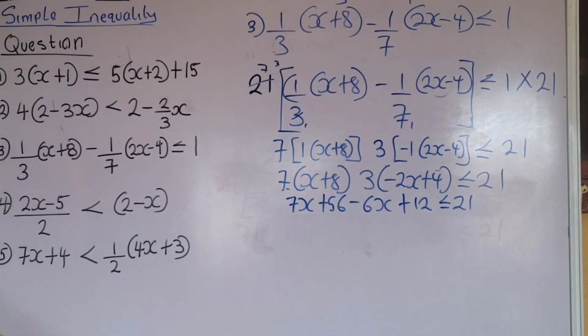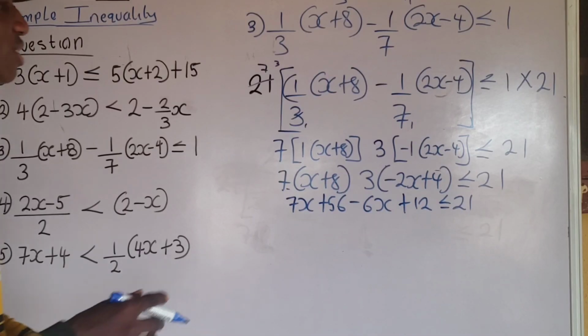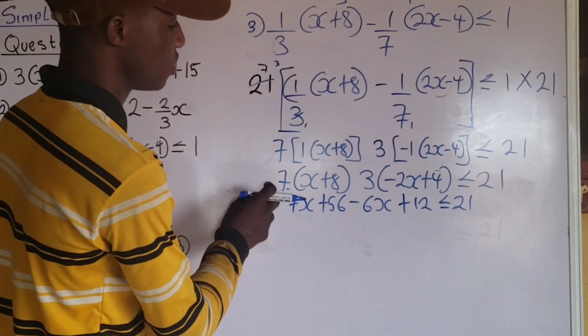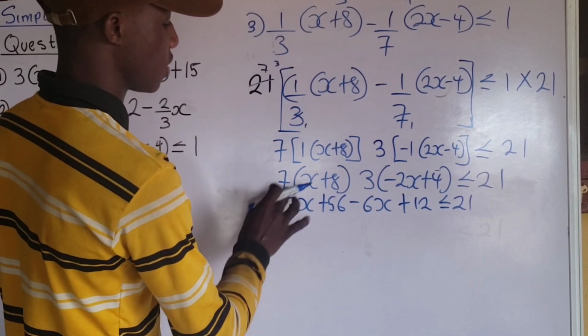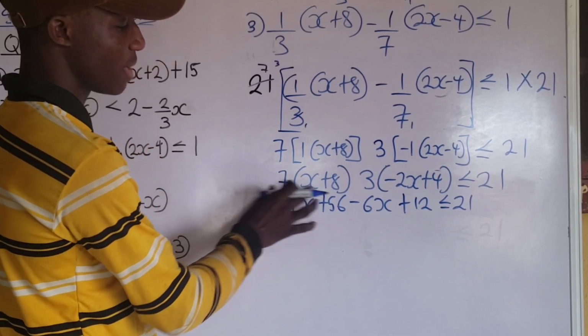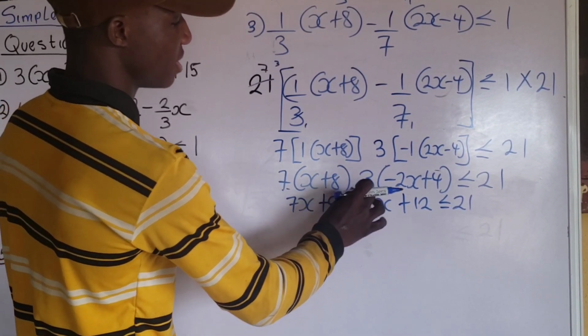What I did is that I just opened the brackets using the coefficients 7 and 3. If you take their products, you're going to have this.